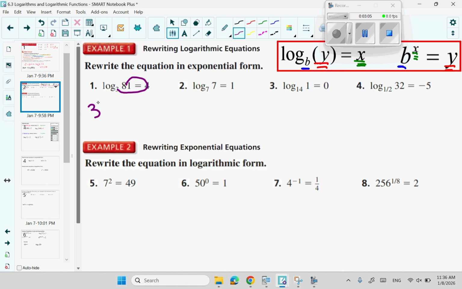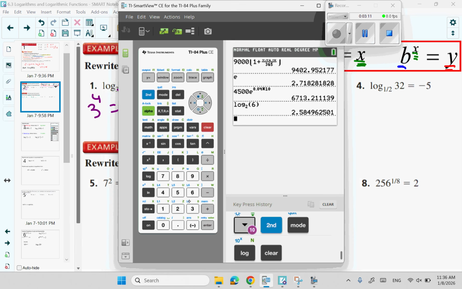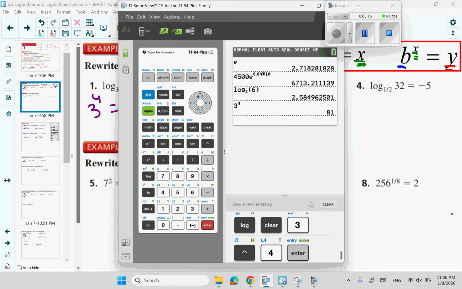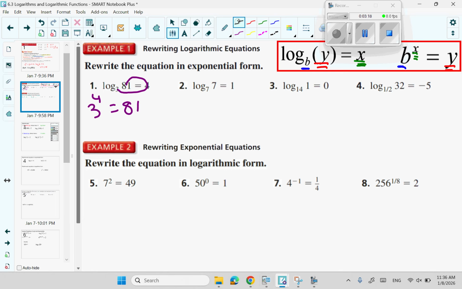So this would be 3 to the 4th equals 81. So if I type 3 to the 4th in my calculator, I should get 81, which I do here. Same idea here. I'm just going to spiral it, starting with this bottom number, to the power of 1 equals 7. 7 to the power of 1 equals 7, which we all agree is true.